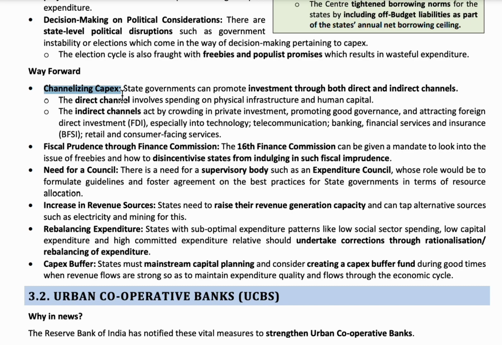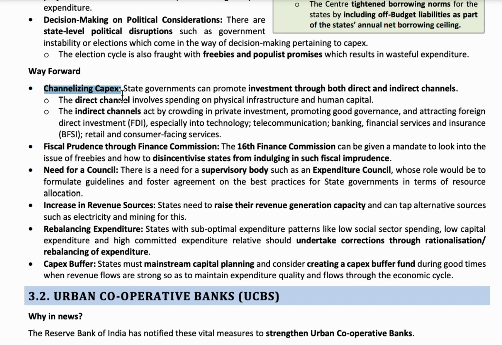Because of this, the development process slows down, and later the economic growth decreases. So freebies are a big threat for developing countries.